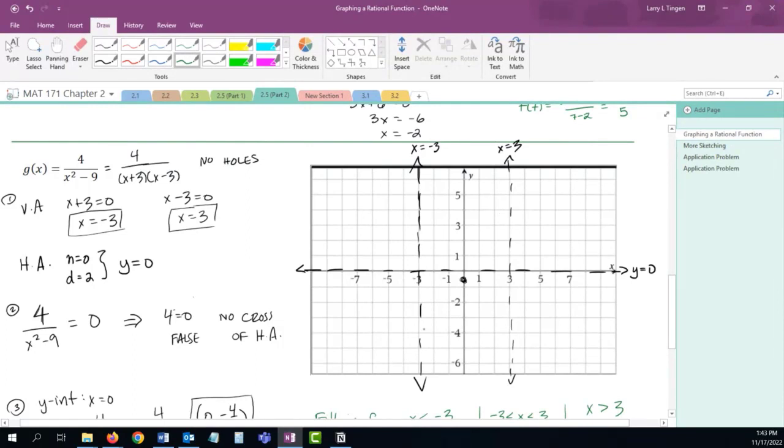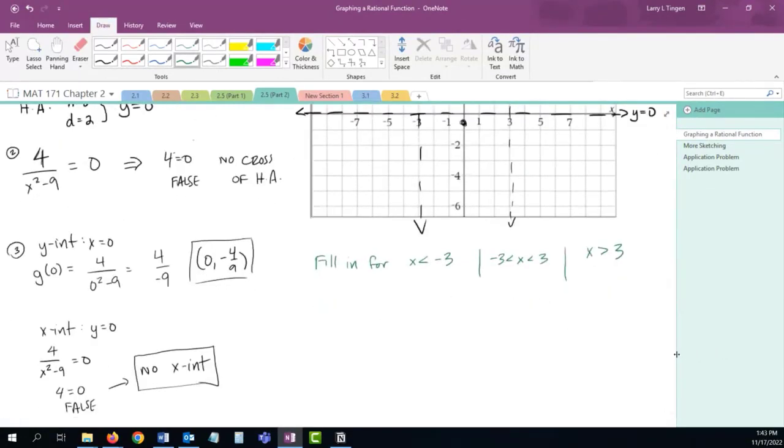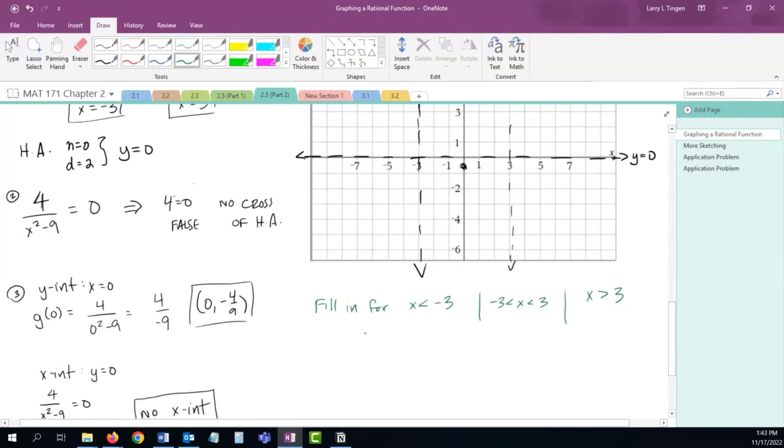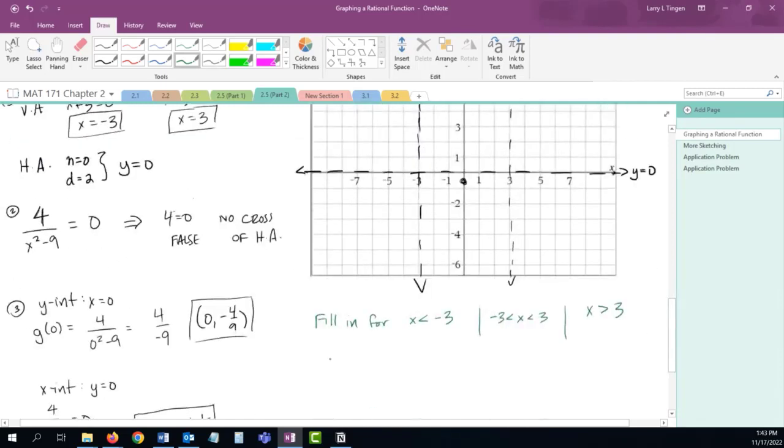Every time you run into one of these things, you're either diving toward positive or negative, depending on where you are. So instead of picking the number right beside my vertical asymptote, I'm going to try out, what was my letter for this? G. Let's try out -5. Exactly, Andrew. Yes, it gets really steep because I never touch that asymptote. The function is dying to touch the asymptote. It just can't.